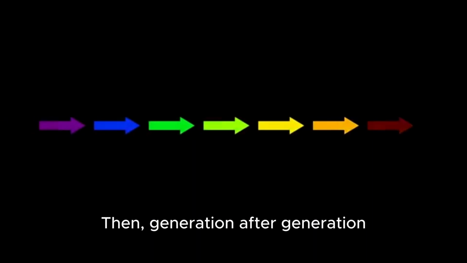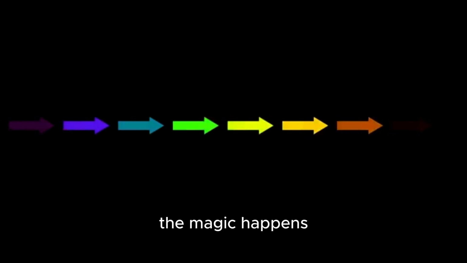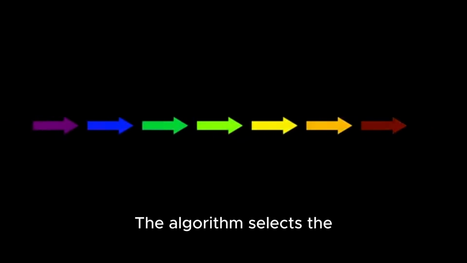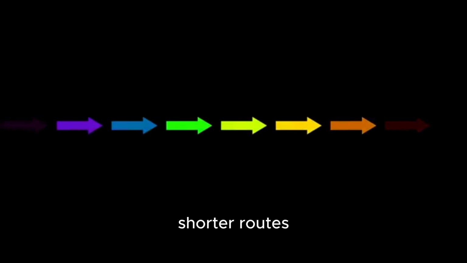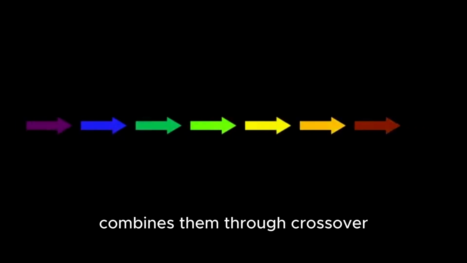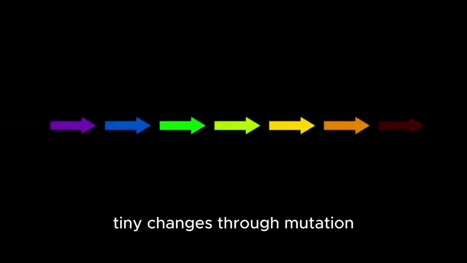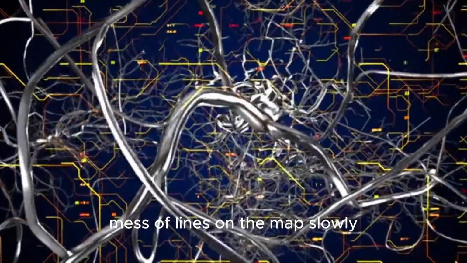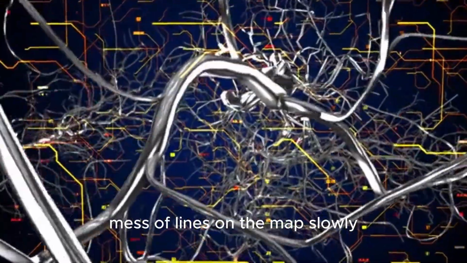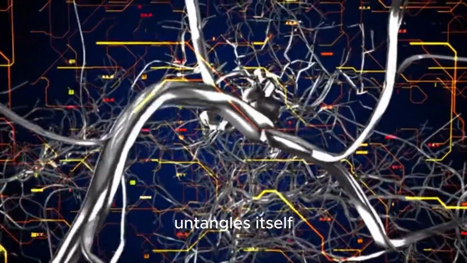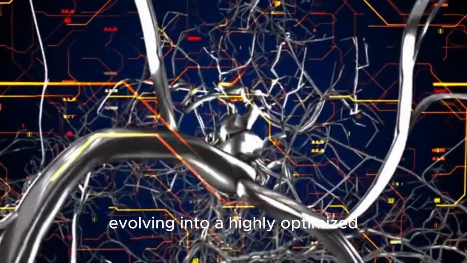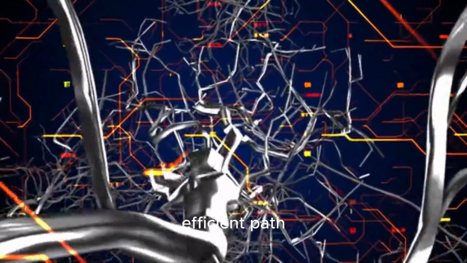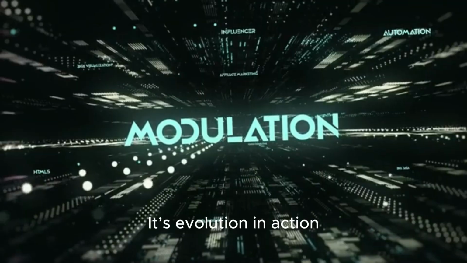Then, generation after generation, the magic happens. The algorithm selects the shorter routes, combines them through crossover, and introduces tiny changes through mutation. You can literally watch as the chaotic mess of lines on the map slowly untangles itself, evolving into a highly optimized, efficient path. It's evolution in action.